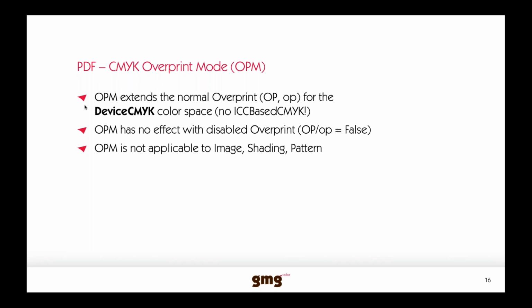So it could be that you have recognized it in a PDF before. OPM extends the normal overprint for the device CMYK color space, and OPM has no effect with disabled overprint. So if you disable the normal overprint, you can switch the OPM on or not. This has no effect, and OPM is not applicable for image, shading and pattern.